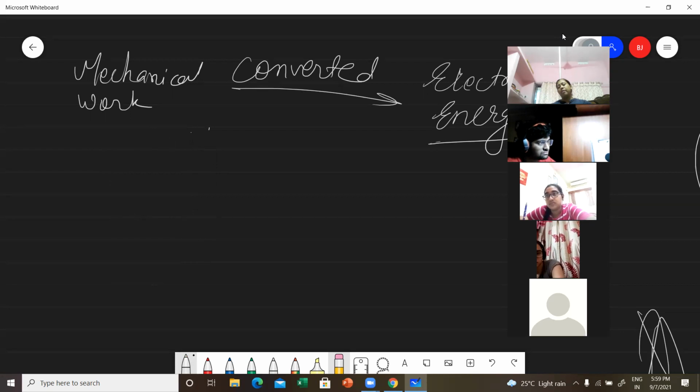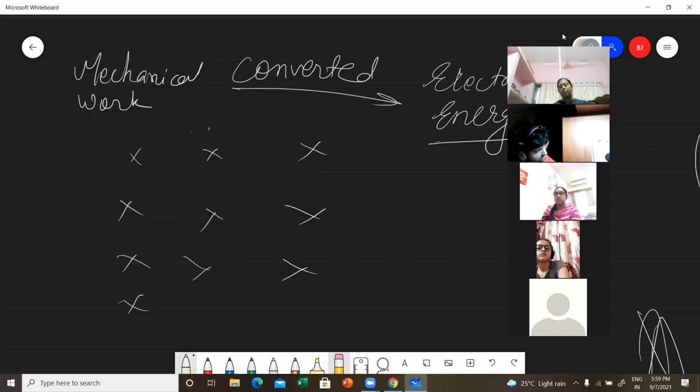See, my coil is going inside and outside the magnetic field lines and it produces current. Now suppose this is my magnetic field, with a magnet having north and south pole, and it is moving with a velocity like this.